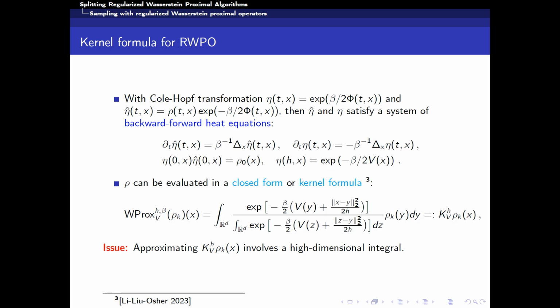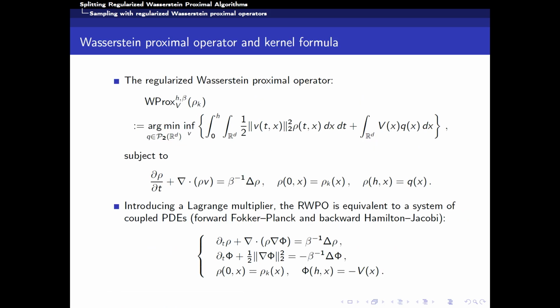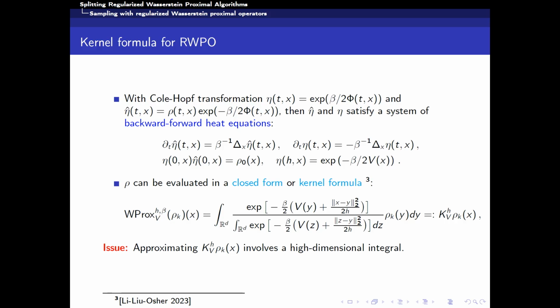Okay? So once we arrive at this system of backward-forward heat equations, we just use the technique of the heat kernel to write down the solution to this regularized Wasserstein proximal operator over here, which is given by this kernel formula over here.